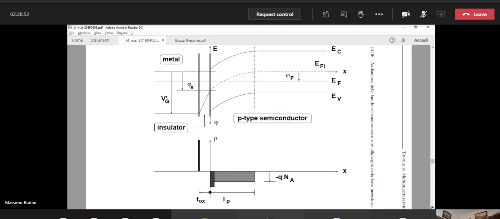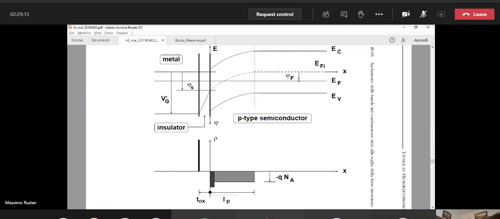We go to this case in which Vg prime is positive and larger than in the previous figure, to the point that, you see, phi s is exactly equal to the double of phi f.